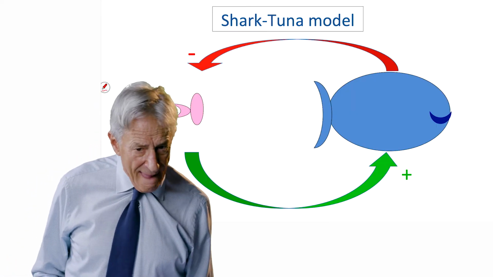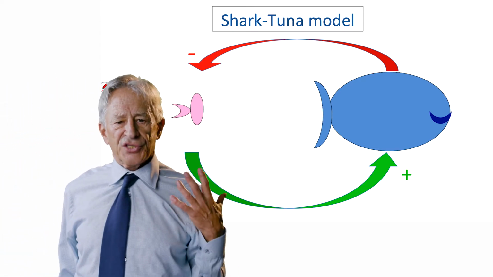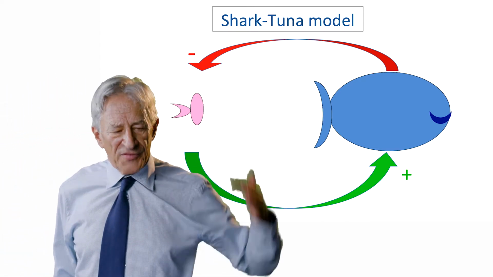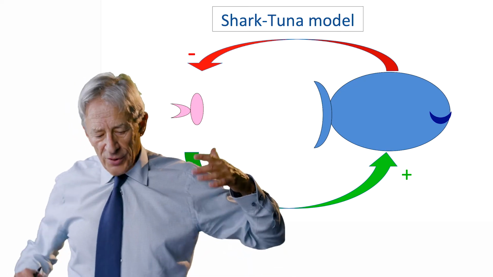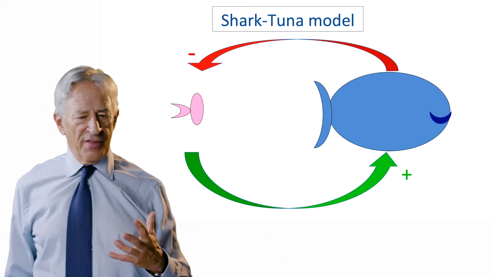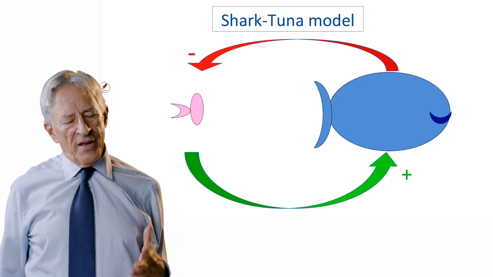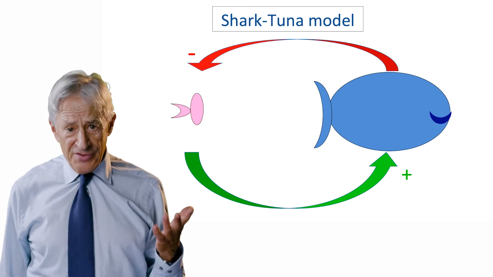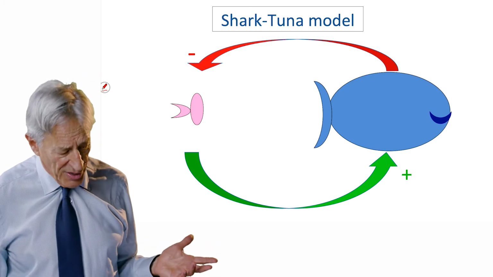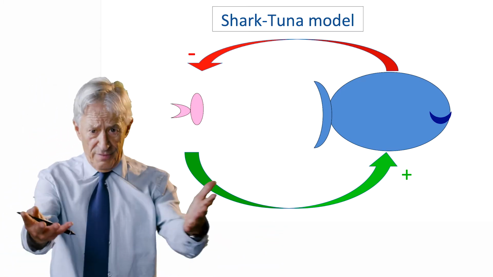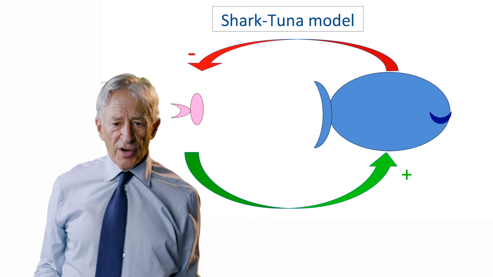Now, how are we going to understand these oscillations? We've seen a bunch of them. We would like to have an understanding of how they work. And you may remember the oscillations in the shark tuna model. And you say, well, there's a model for how oscillations would work.